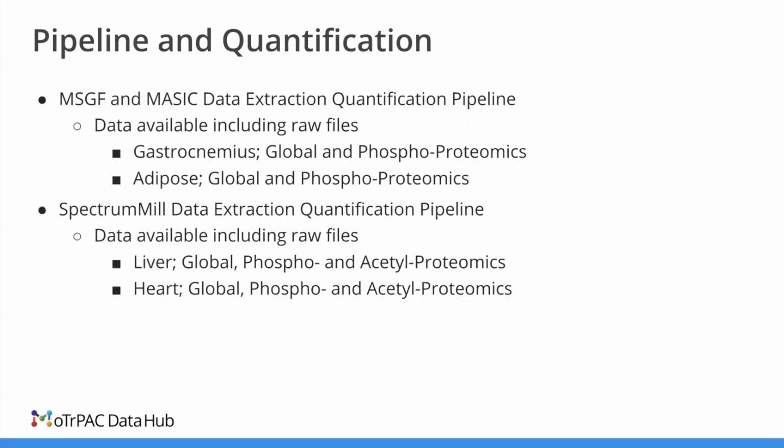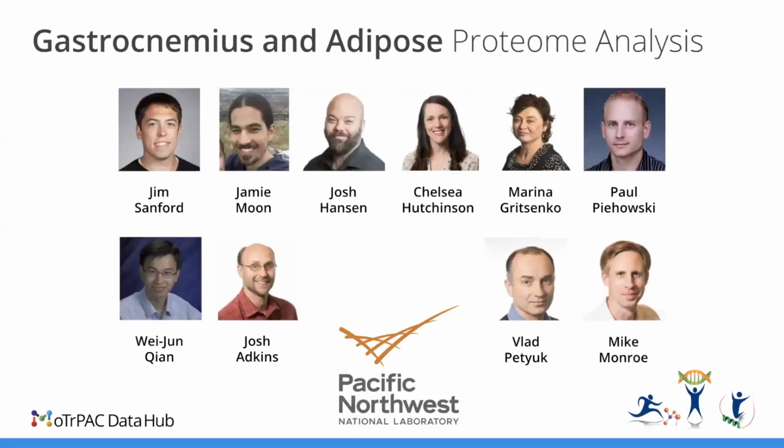The data available also includes the raw files. Their data production was liver, global proteomics, phosphoproteomics, and acetylproteomics for both liver and heart. The reasons for not including acetylproteomics for adipose is the sample quantity was quite modest for white adipose tissue, and for gastrocnemius, earlier studies showed that the acetylation component of the proteome was very, very modest.